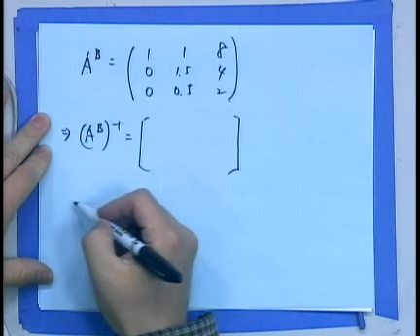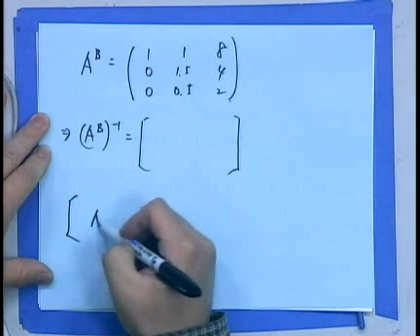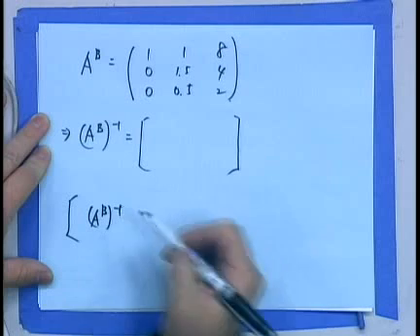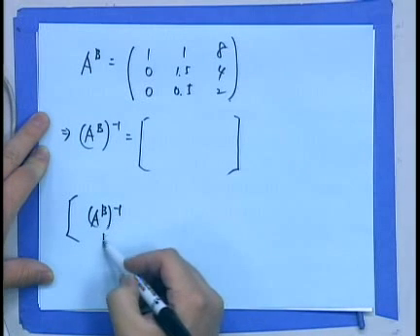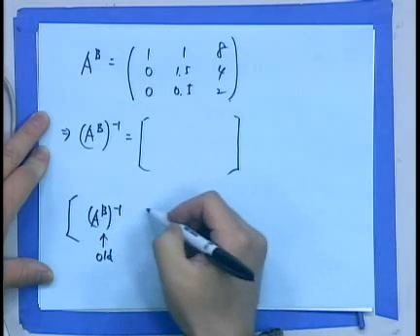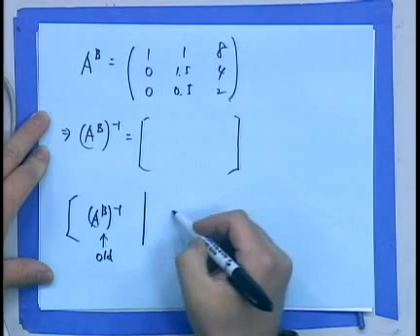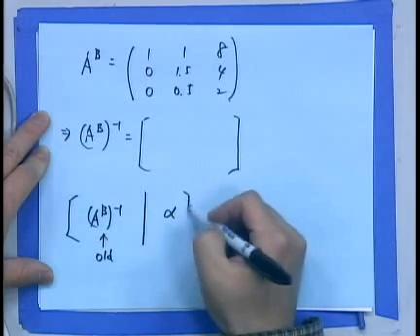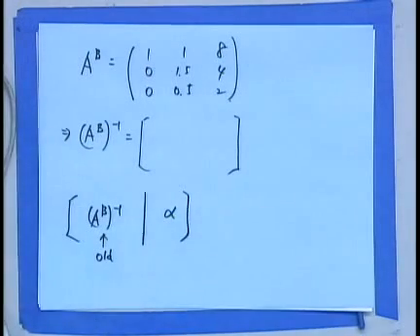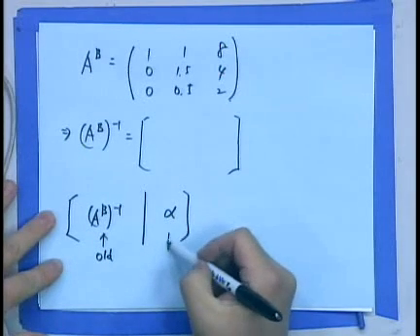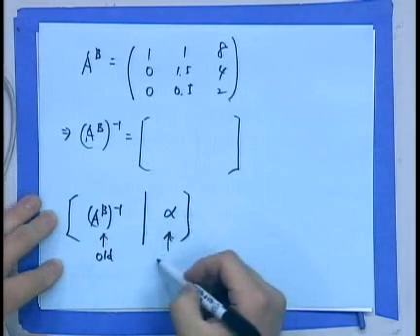So what we've done is write down the old basis inverse matrix, right? And then the alpha right here. So this is the pivot column, right?